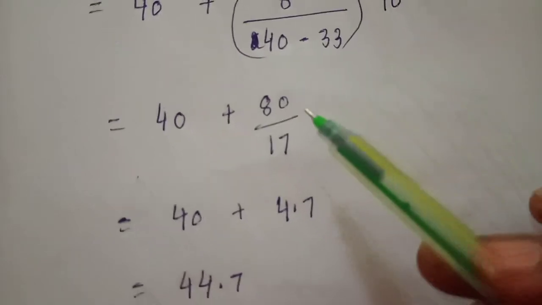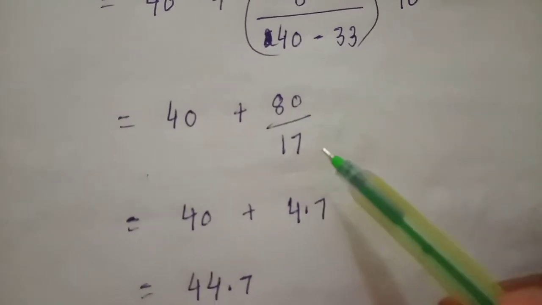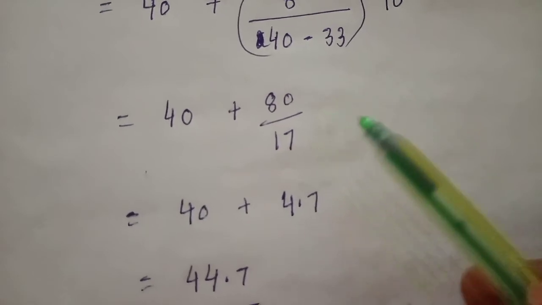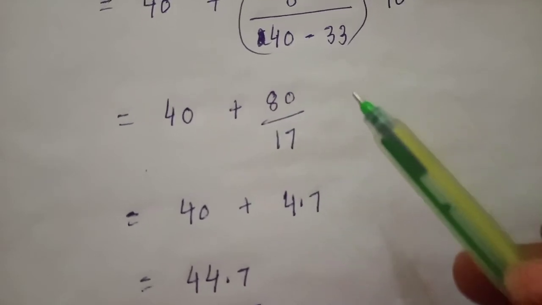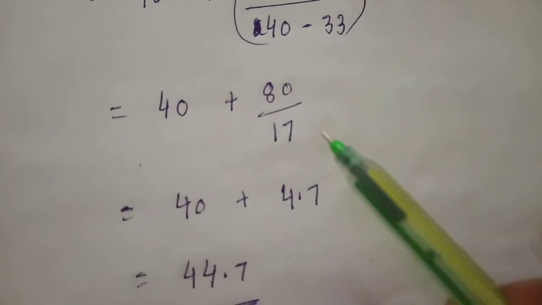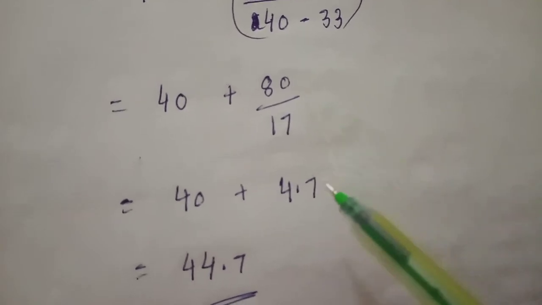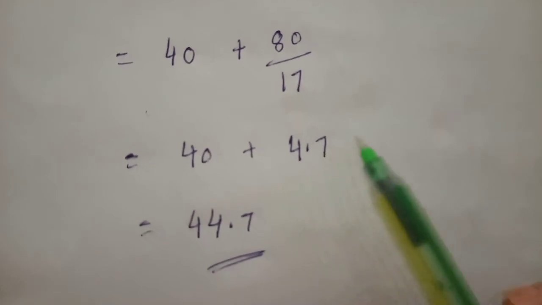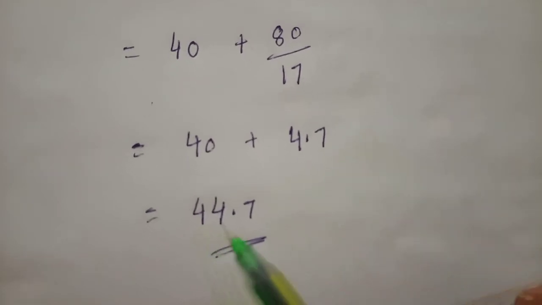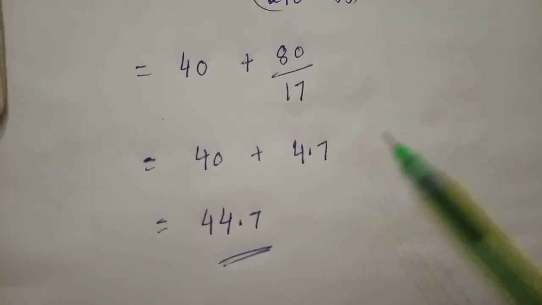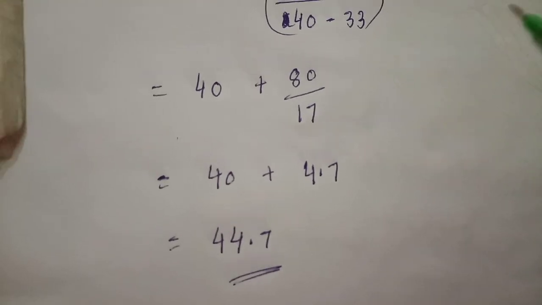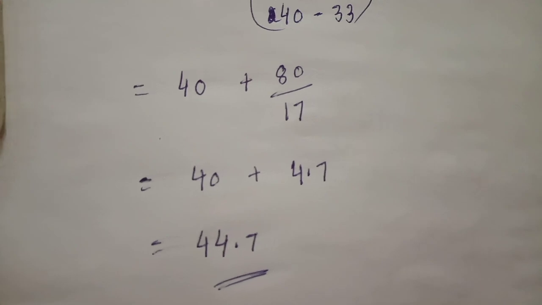Here also when you divide 80 by 17 we get a non-terminating repeating decimal. So round according to your convenience, up to 1 decimal or 2 decimals. That is 40 plus 4.7, so we get 44.7. So with this we completed the mode concept, that is exercise 14.2. Thank you.